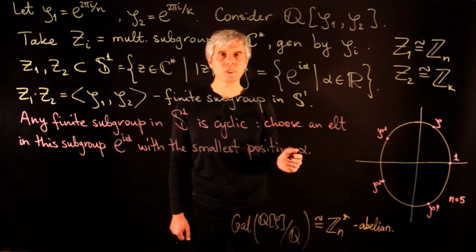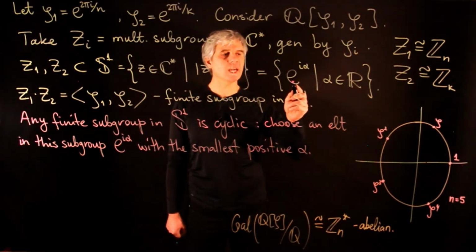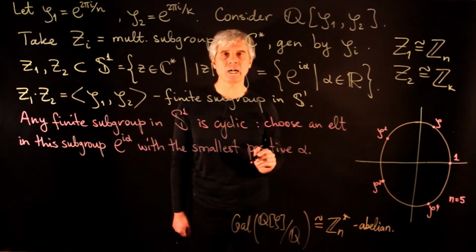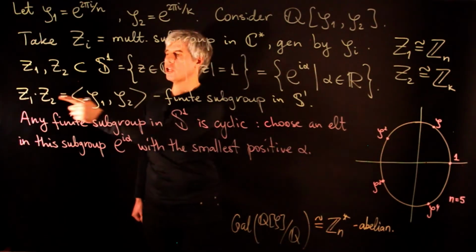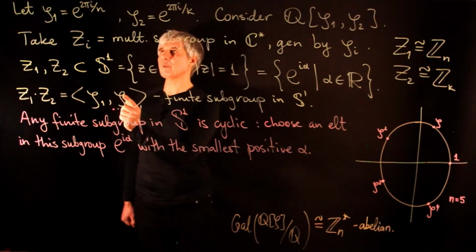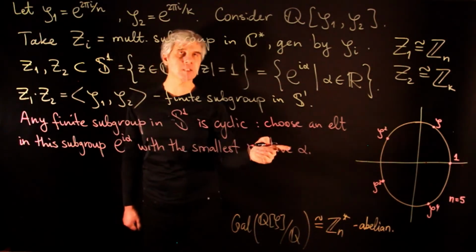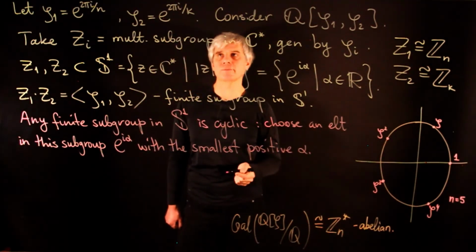And then, using division with remainder, we see that the argument of any other exponential in this subgroup must be a multiple of alpha. And then we see that the value of alpha for the generator of this subgroup must have the property that 2 pi over n is a multiple of alpha, and 2 pi over k is also a multiple of alpha.